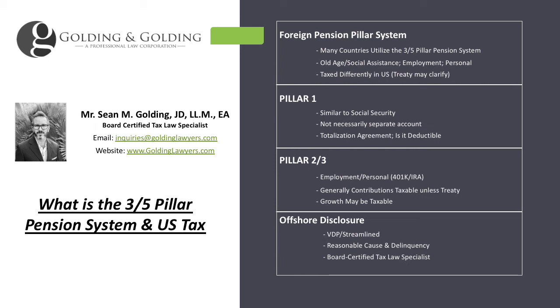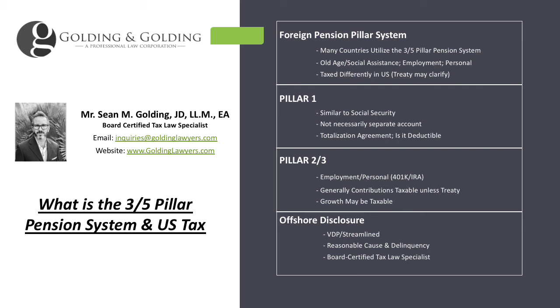Now, when there's a treaty country, unless it's a highly compensated employee or some other nuance, for the most part, until you start receiving distributions from the foreign pension, the growth within it is not going to be taxable. That is not a hard and fast rule, but the general consensus among practitioners is that, hey, until you're receiving distributions, it's a foreign pension, there's a treaty, and so you don't have to pay tax on the growth within there. It may not even be considered what's called available.